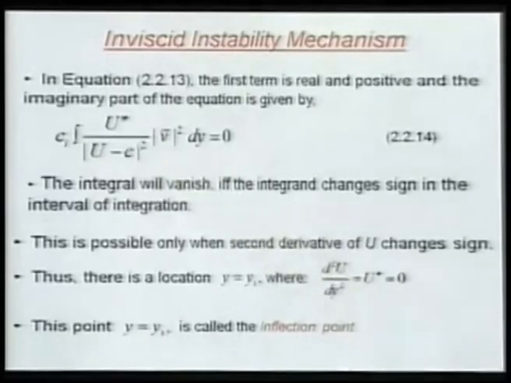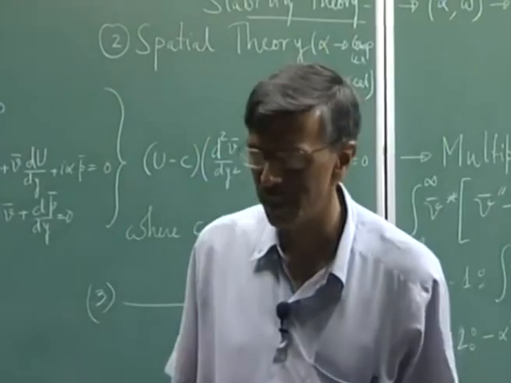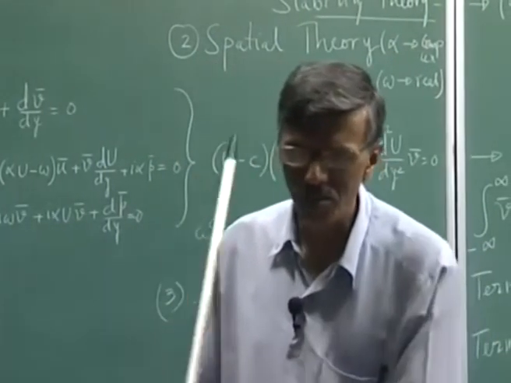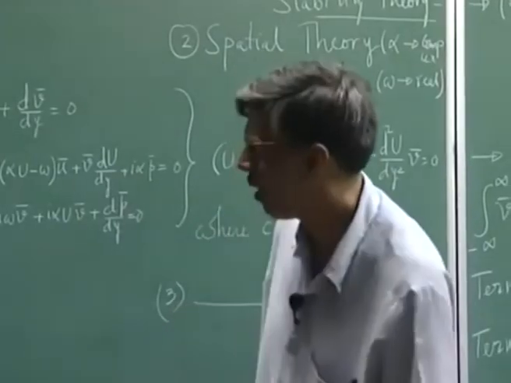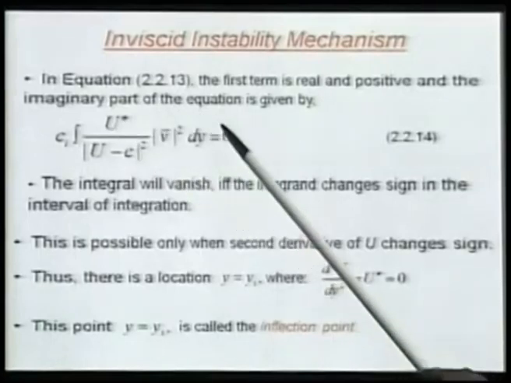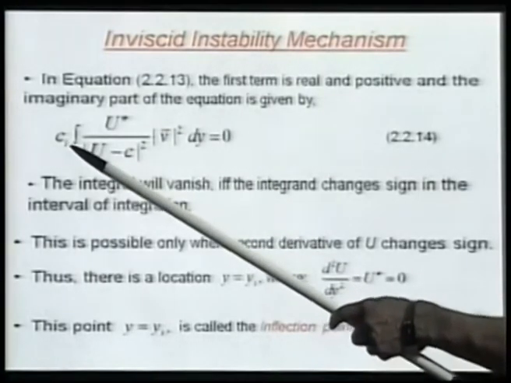How can that happen? That u double prime has to flip sign somewhere. The positive component will negate the negative component, that will yield you a non-trivial solution. So what it essentially says is that only when this integral is equal to 0, then your Ci need not be 0.